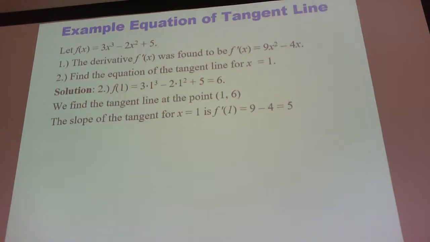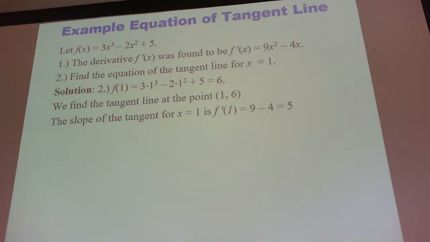To find the slope of the tangent line, the derivative is the slope of the tangent line. So we take that 1, plug it into the derivative, and we get 5. This goes back to your algebra. How do you find the equation of a line if you're given a point, 1, comma 6, and the slope, 5? That was in Appendix A and stuff we've covered.